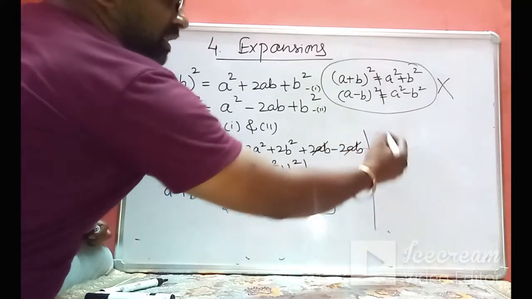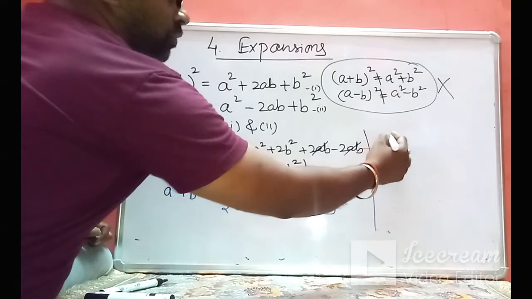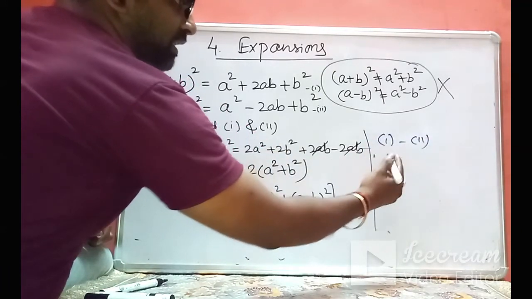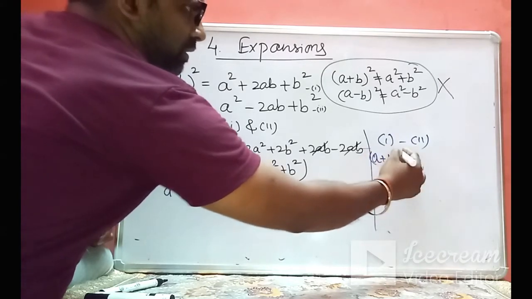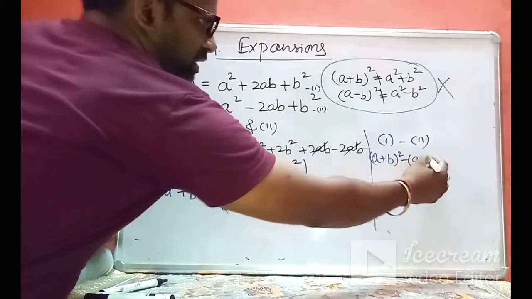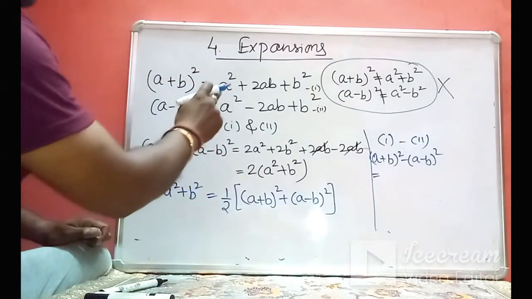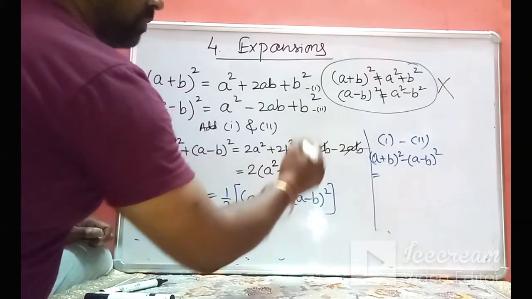Similarly, suppose I do 1 minus 2. Here I will get (a plus b) whole square minus (a minus b) whole square equal to, see, when we subtract, this a square and a square will cancel.